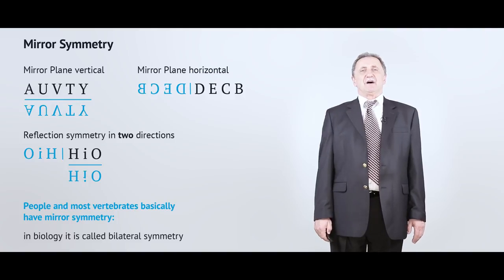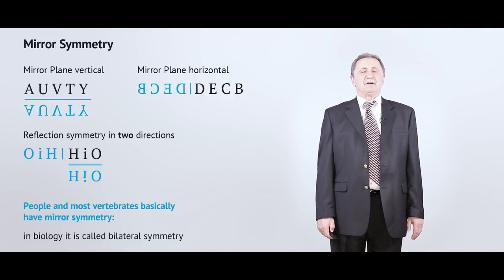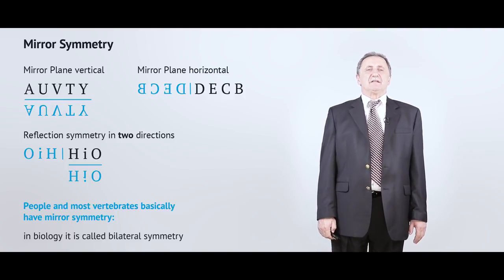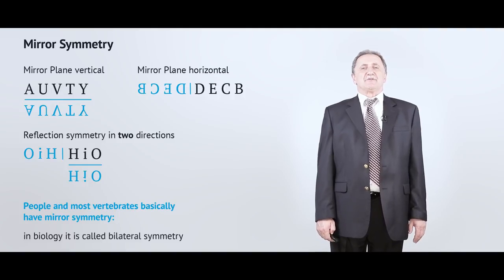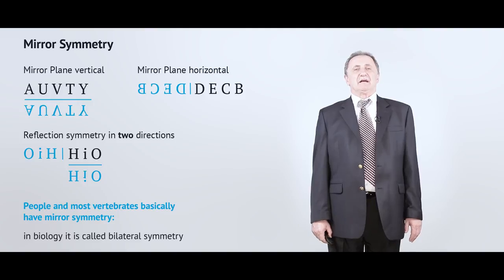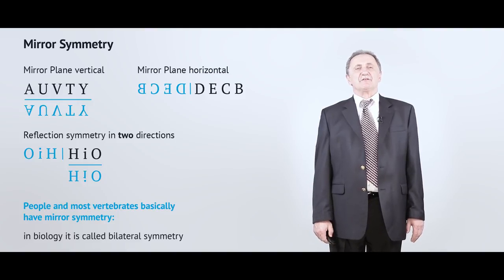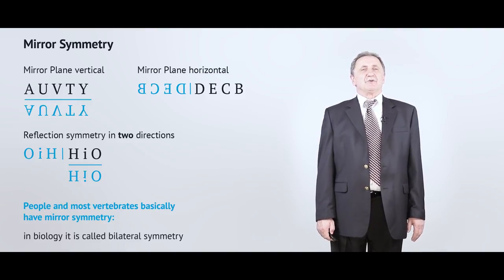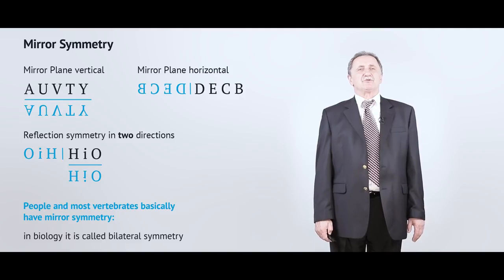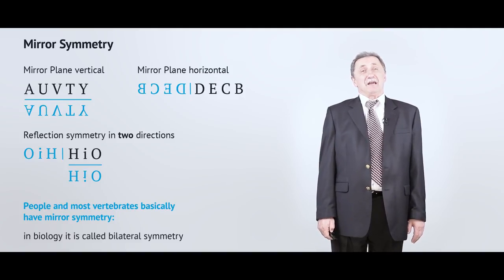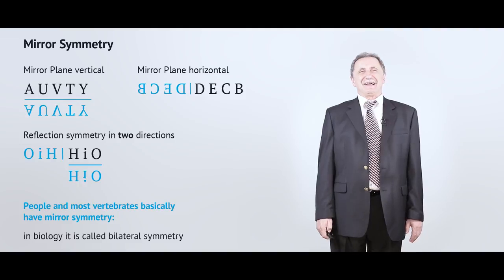We have to keep this very simple example in mind. Moreover, people also have mirror symmetry in biology, called bilateral symmetry in some sense. So each human being also has mirror symmetry and can in some cases be described with the help of this type of symmetry.